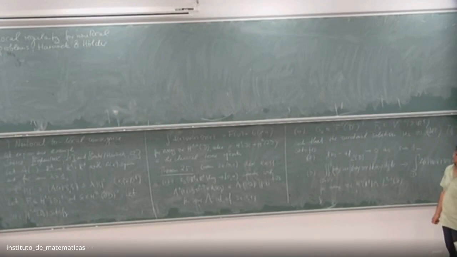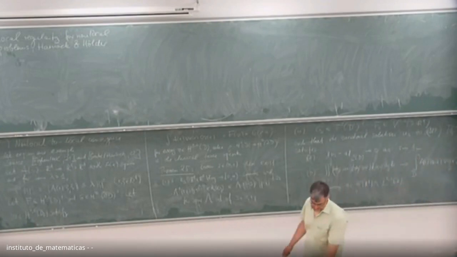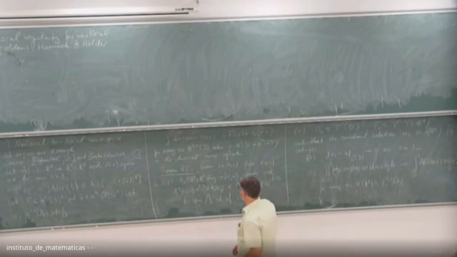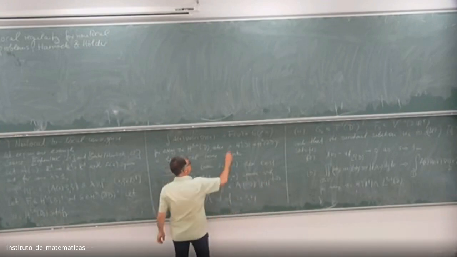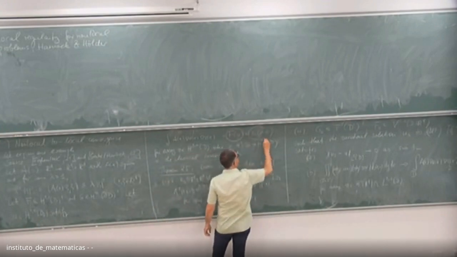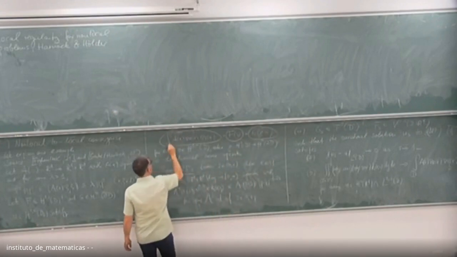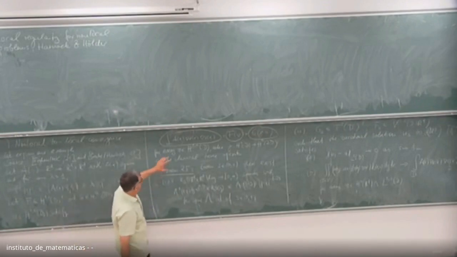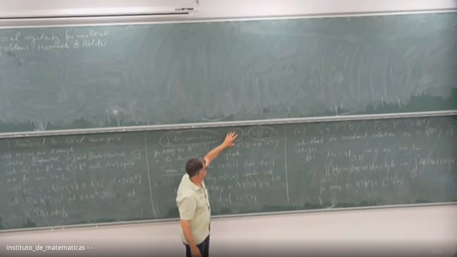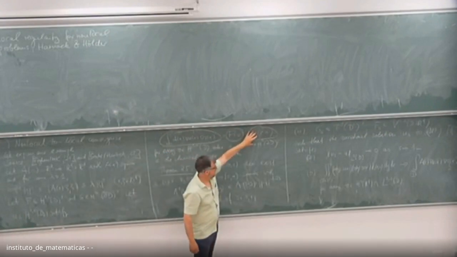Now let me tell you what are the ingredients in the proof. Somehow, what do we have to do? We have to approximate all three quantities, right? So we have a limiting equation and you want to approximate this guy, and this guy.